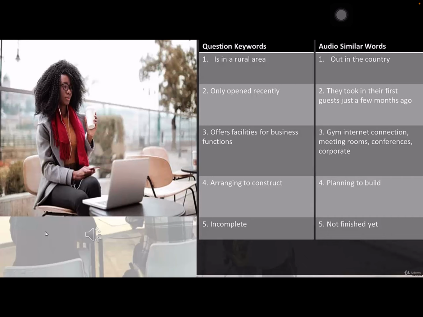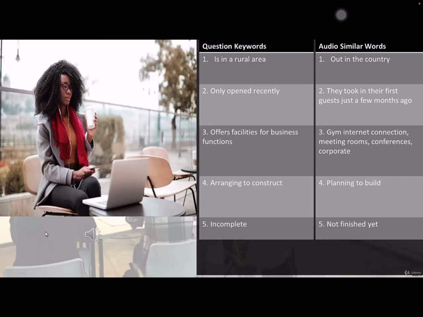You could have written down a couple of things, but internet connection, meeting rooms, conferences, corporate, all of that relates to facilities for business functions. For number 4, arranging to construct, that relates to planning to build. And number 5, incomplete, the audio similar words were not finished yet.